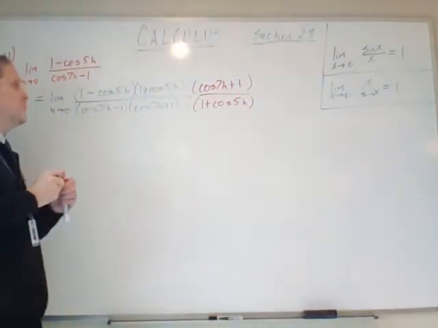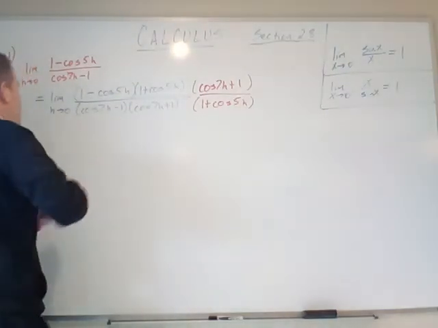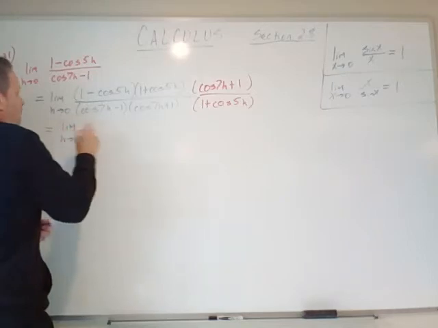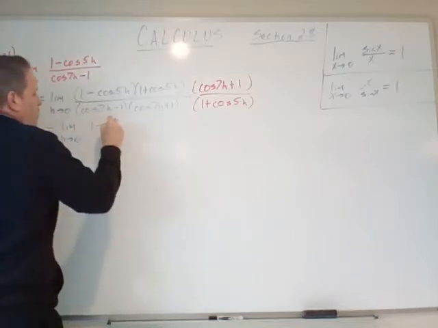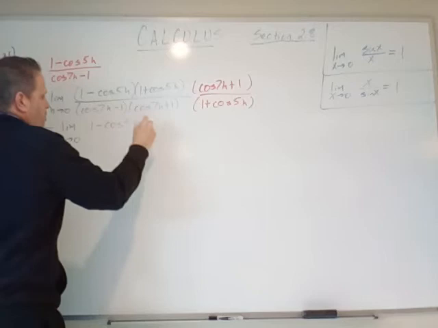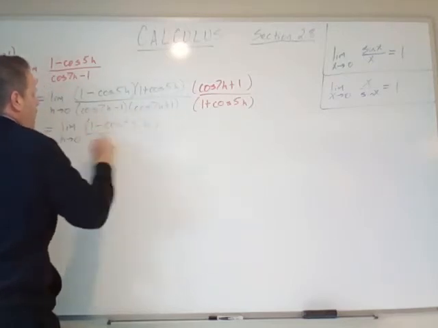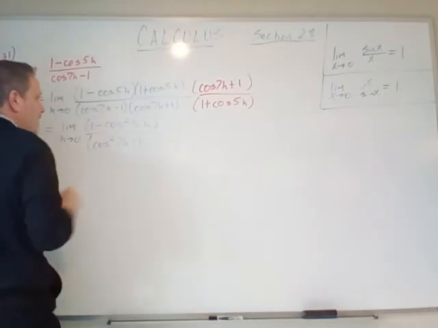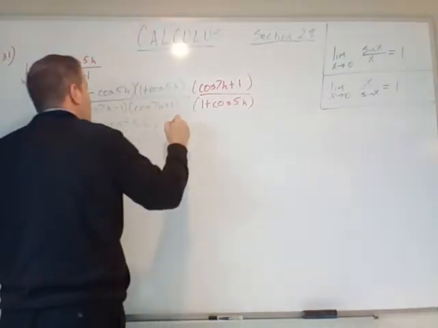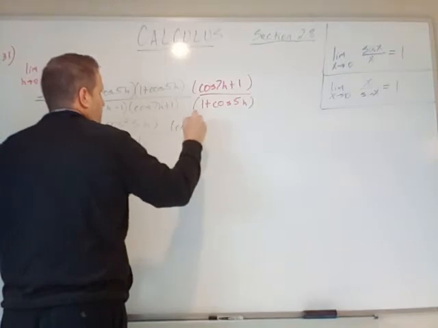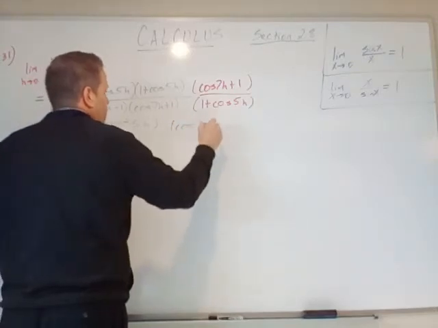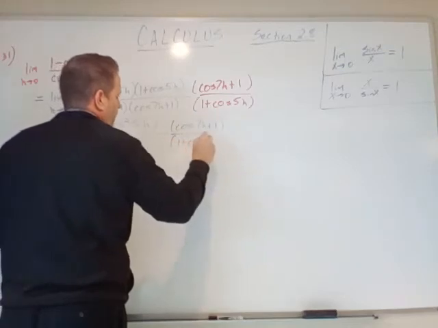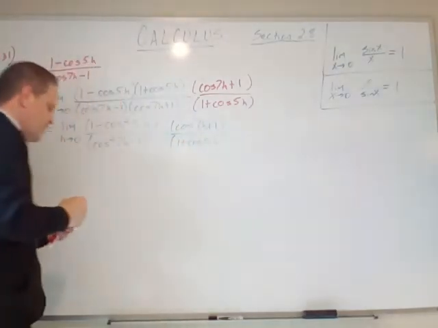Now, in introducing those two parts, I'll take them down one more step and it'll be easier to see. So I've got 1 minus cosine squared 5h in my numerator. I've got cosine squared 7h minus 1 in the denominator. And then I have the conjugates left: cosine 7h plus 1 in the numerator, 1 plus cosine 5h in the denominator.